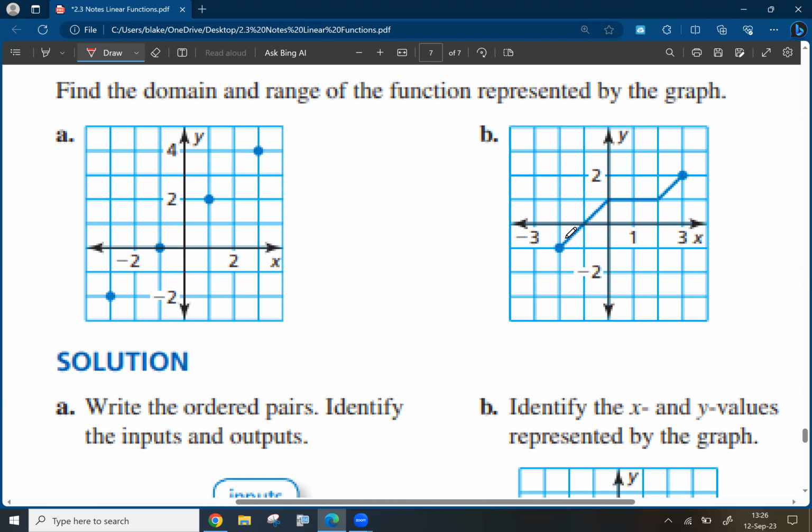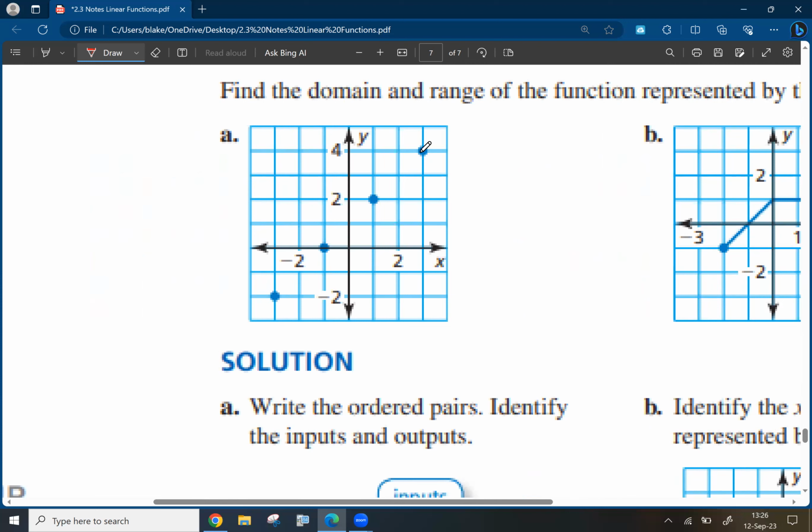So our domain is the X values that this graph would interact with. Let me put it this way. Imagine you go from this dot and you connect it to the X-axis. So boom, that's at -3. That is part of the domain. This dot, imagine it connects to the X-axis. Well, it already is on the X-axis, so that makes it easier, but that's at -1. So that's a part of the domain.